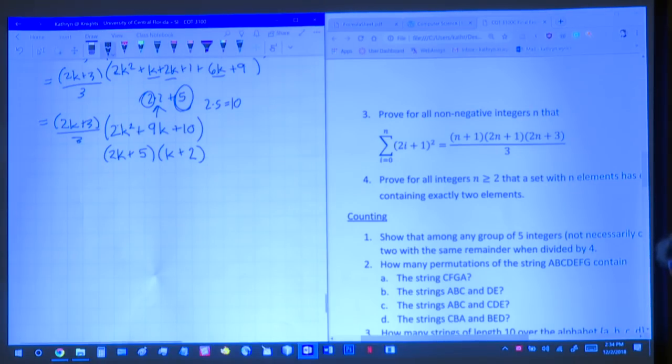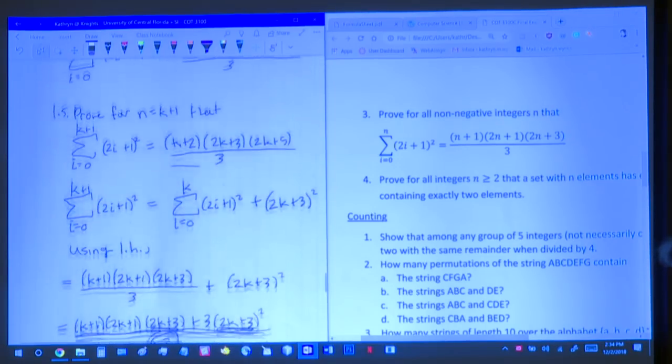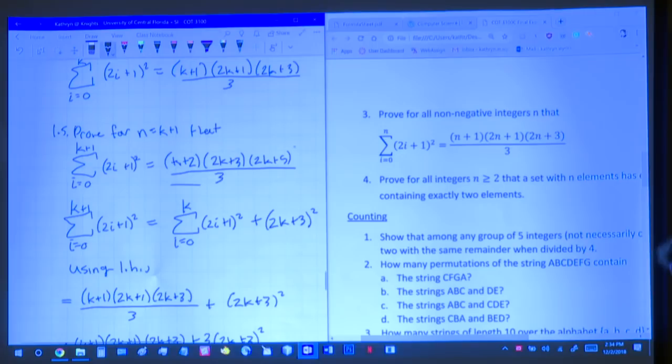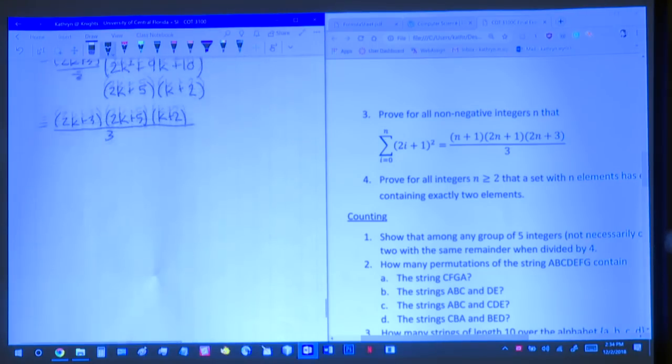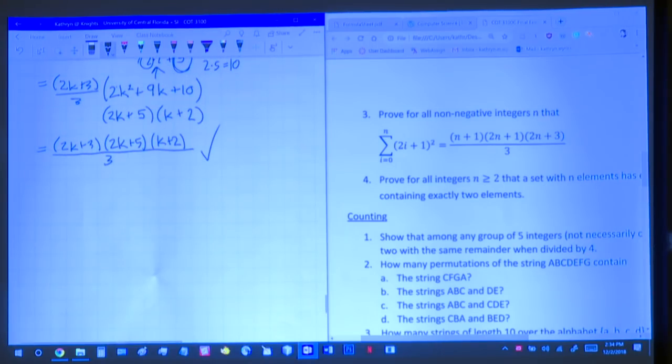So that's how we would FOIL that out. So we'd get 2k plus 3, 2k plus 5, and then k plus 2, all over 3. And that matches our thing up here. So we're done. Yay. Woohoo.